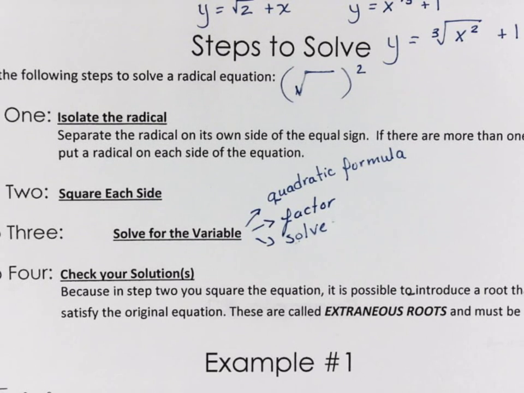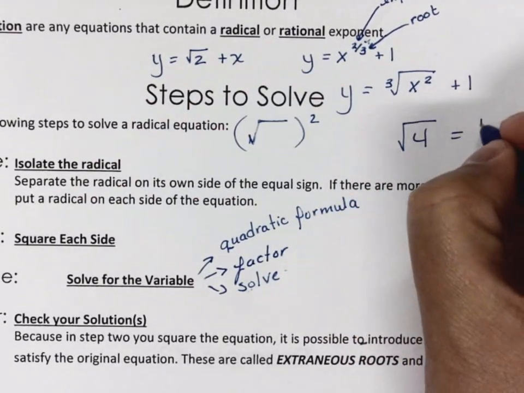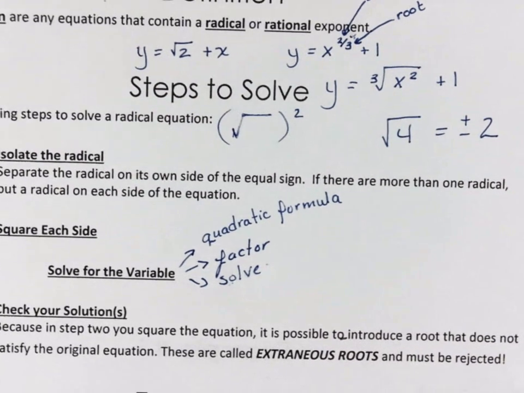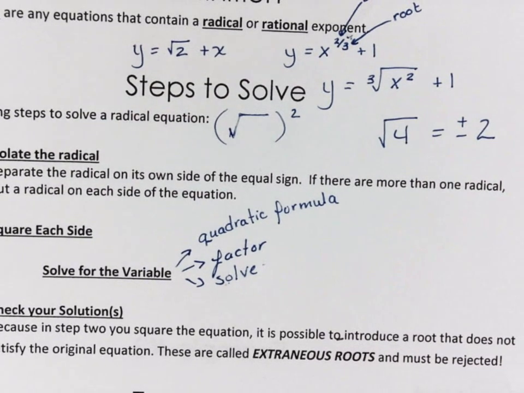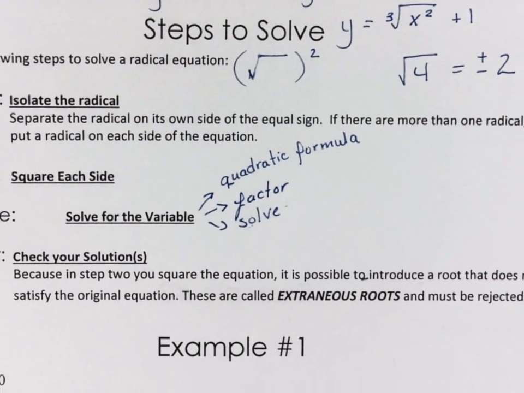And then you're going to check for your solutions. We've seen this before. We know that the square root of 4 is plus or minus 2. And in some situations, we know that -2 won't work, because we're looking for whole numbers or something like that. But what we're going to do is check the solutions back into the original.